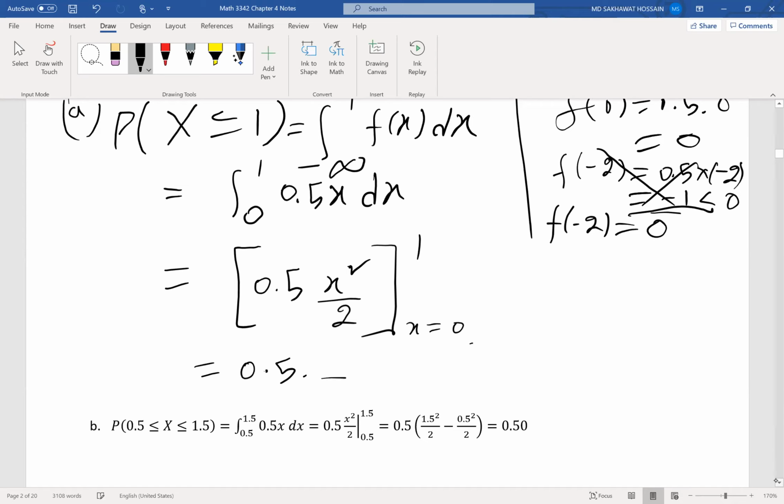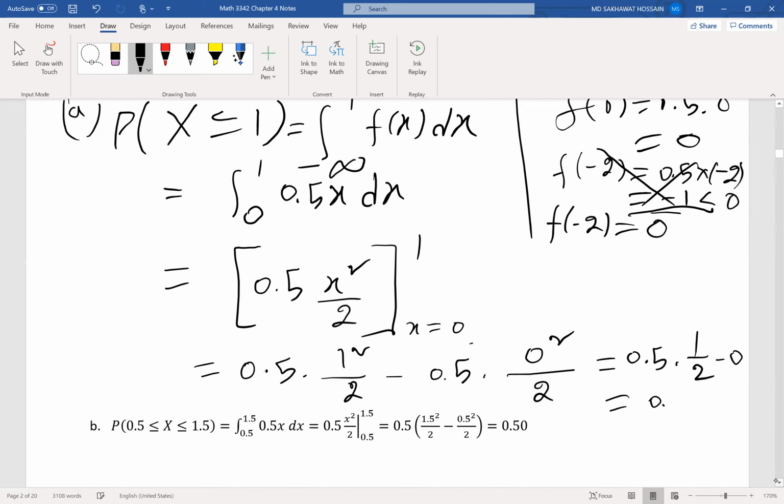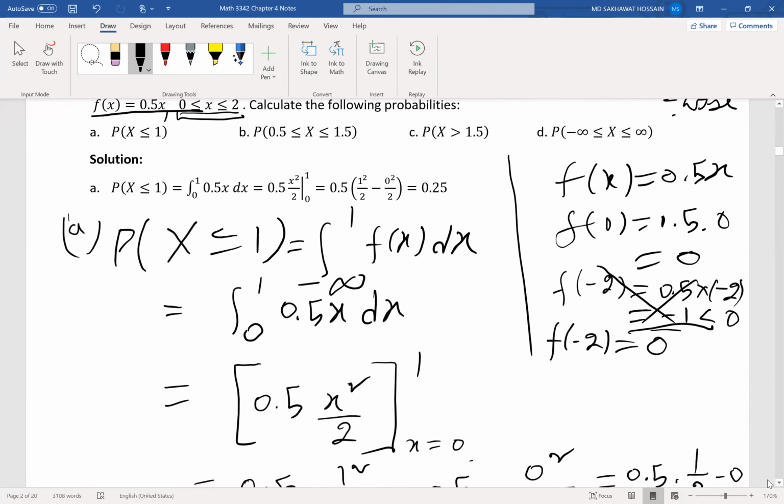So 1 squared divided by 2, minus 0 squared divided by 2. So that means 0.5 times 1 over 2 minus 0, because if you multiply by 0, it will be 0. So it will be 0.25. So the probability is 0.25 in this case.